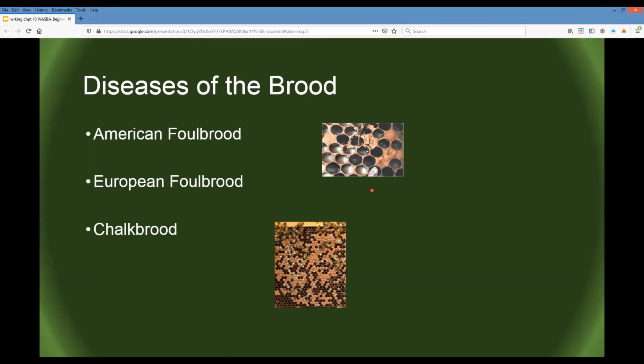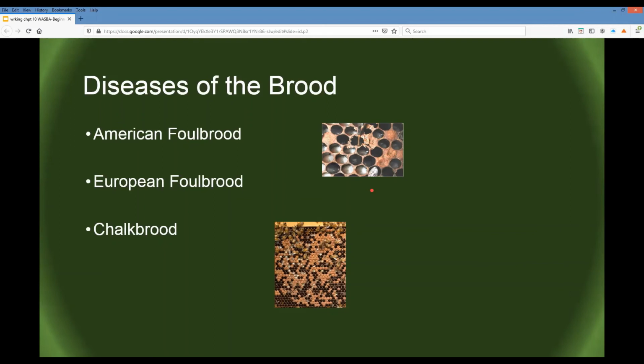European foul brood is also caused by a bacteria. Instead of having that foul odor, it will have a strong odor. The larva is dead, brown, and twisted in the bottom of the cell, and there is no ropey goo.